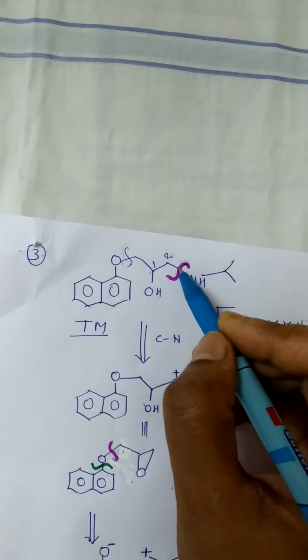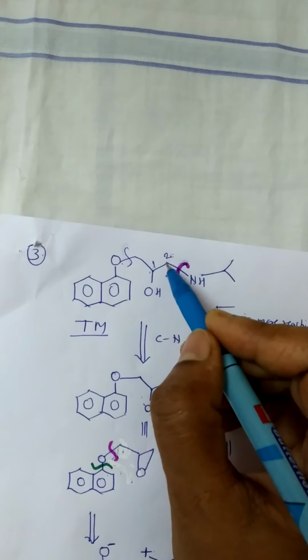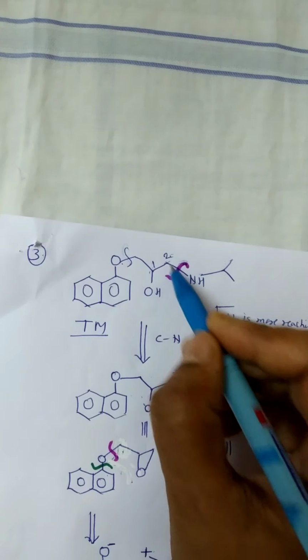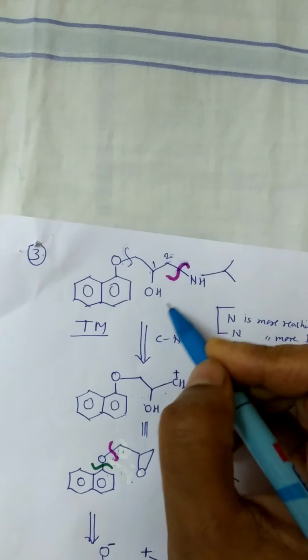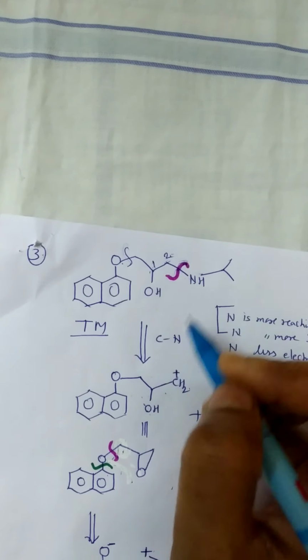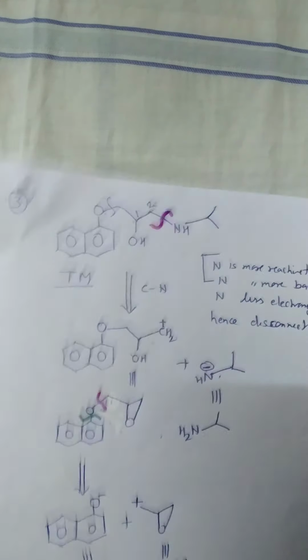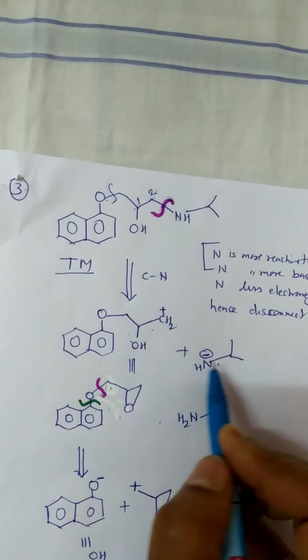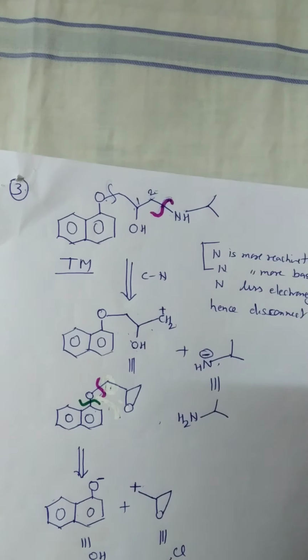Therefore, we take this type of disconnection and disconnect after position 2 here. So we can say here 1,2 disconnection, and after disconnection we get two synthons here.